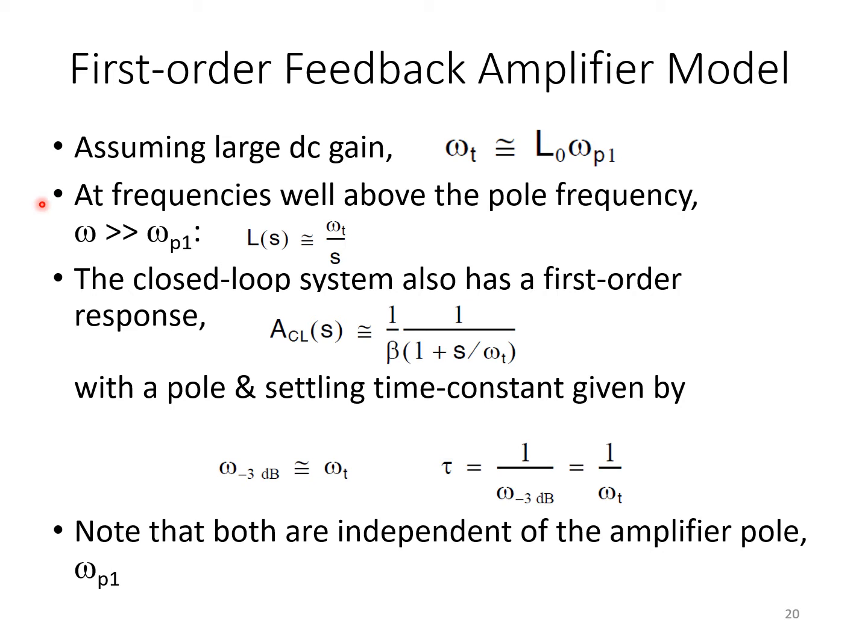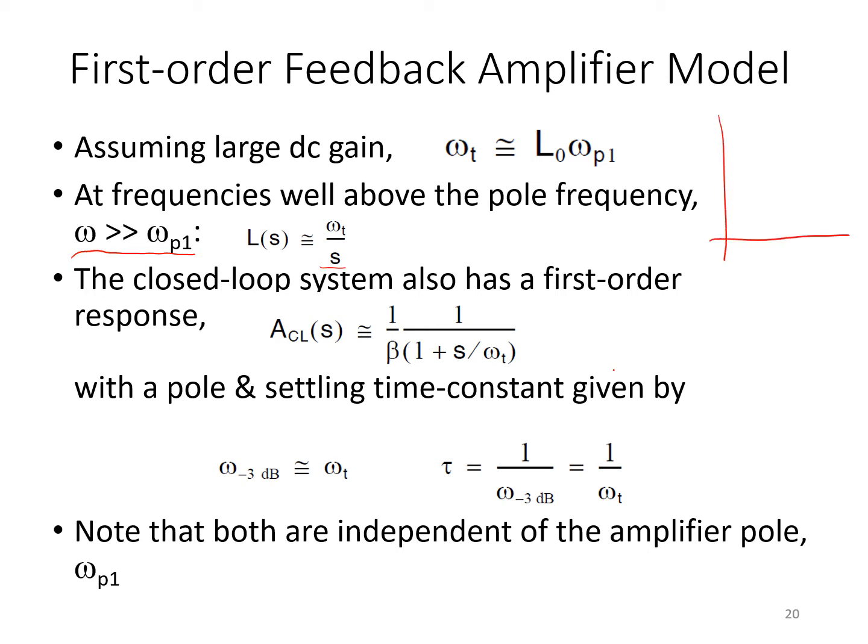Another good simplifying approximation to keep in mind that's applicable to first order feedback amplifiers is that when you're at frequencies above the pole frequency, that is, omega is much greater than omega p1, the loop gain L is well approximated by this simple response here, omega t over s.